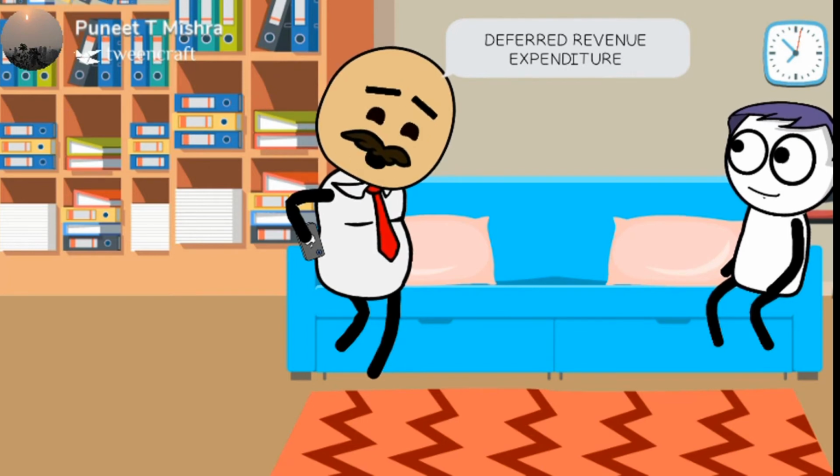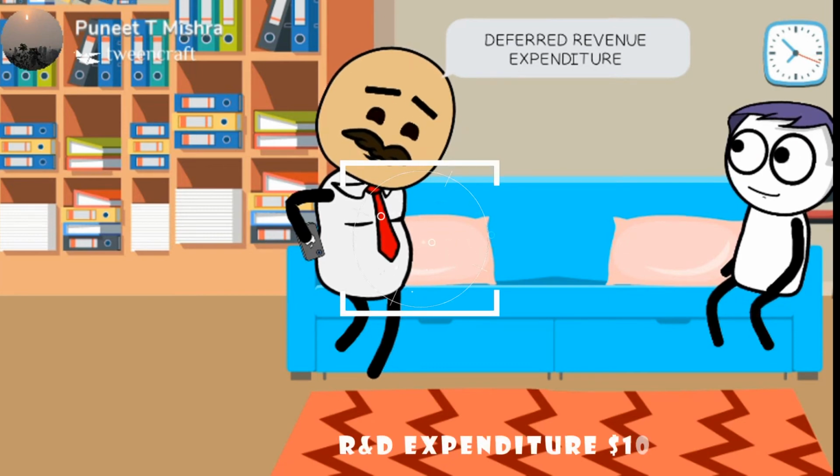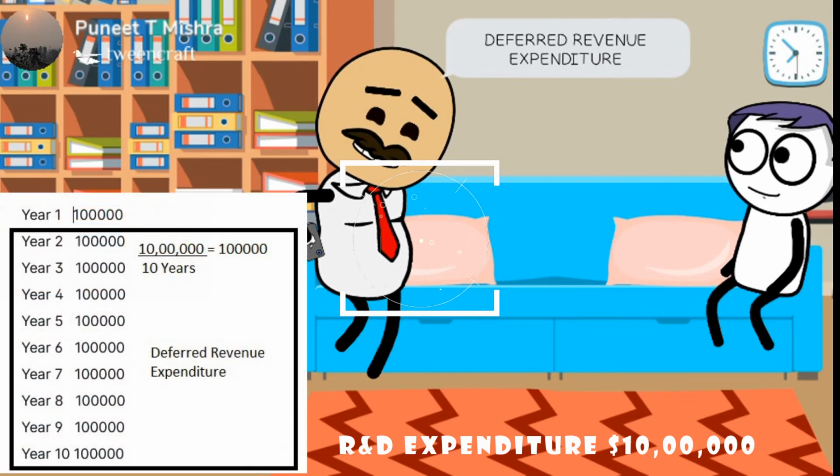Ravi, deferred revenue expenditure is a big amount, a huge amount, right? And the benefits are also stretched over a number of years. I can explain with an example. Suppose we spend 10 lakhs on an advertisement campaign or on research and development, and we have calculated that the benefits are going to be stretched over say 10 years.